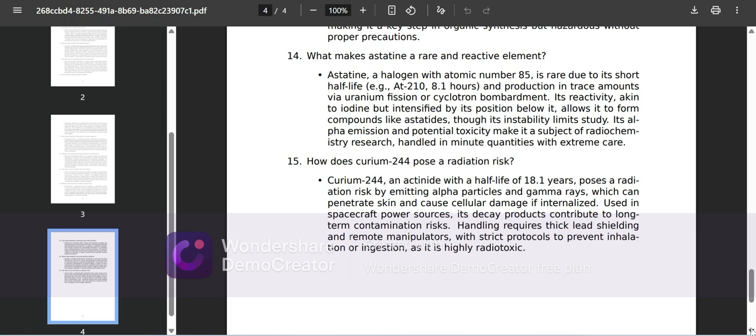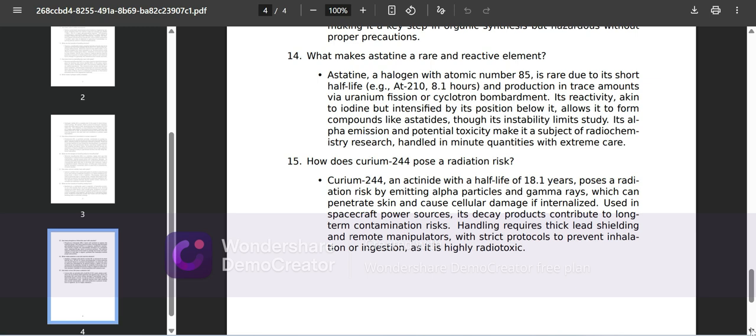Its reactivity is akin to iodine but intensified by its position below it, allowing it to form compounds like astatides, though its instability limits study. Its alpha emission and potential toxicity make it a subject of radiochemistry research, handled in minute quantities with extreme care.